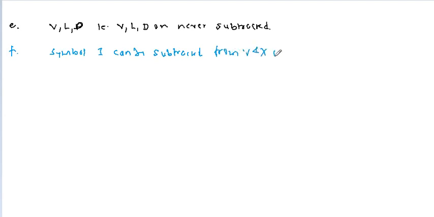If we write I to the left of any other symbol, it will become a wrong or invalid number. So if we write I to the left of L, it will be a wrong or invalid number. If we write I to the left of D, it is again a wrong or invalid number.